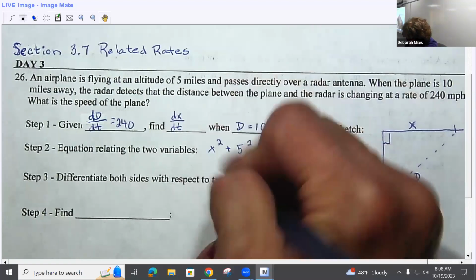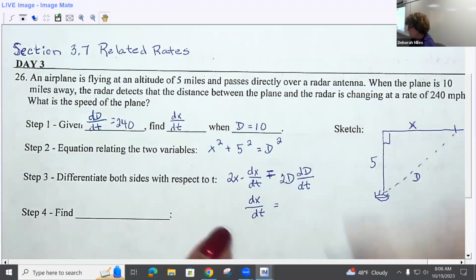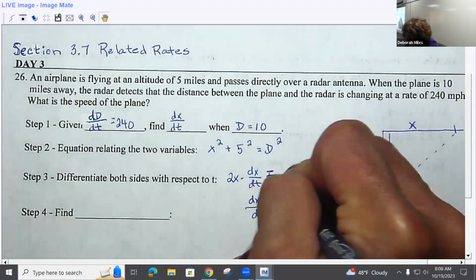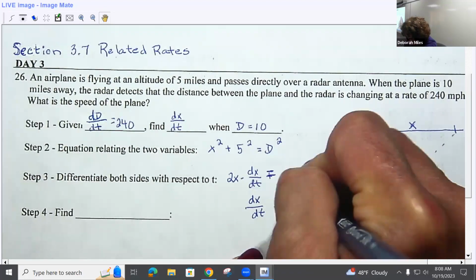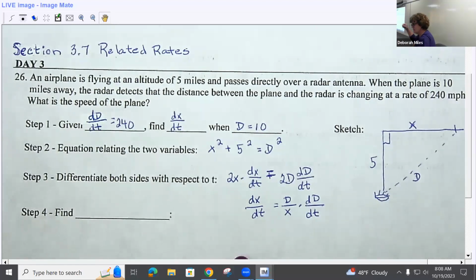Like I said, since it's easy to solve for dx over dt, I will just divide both sides by 2x, and I'd have d over x times dD over dt, little d, big D, with respect to t. And now I can substitute those numbers.